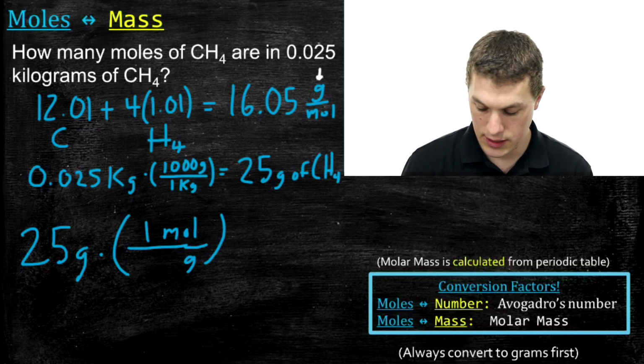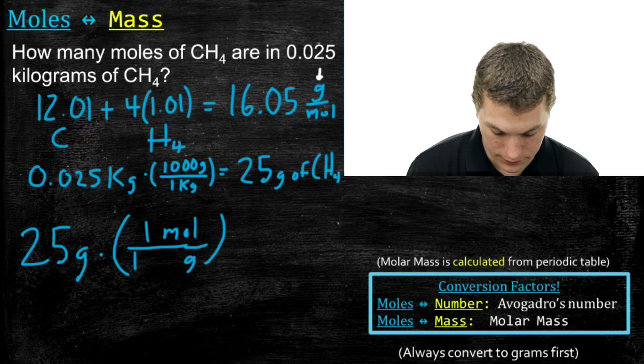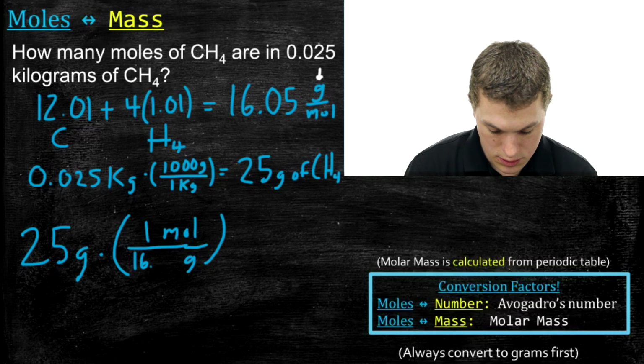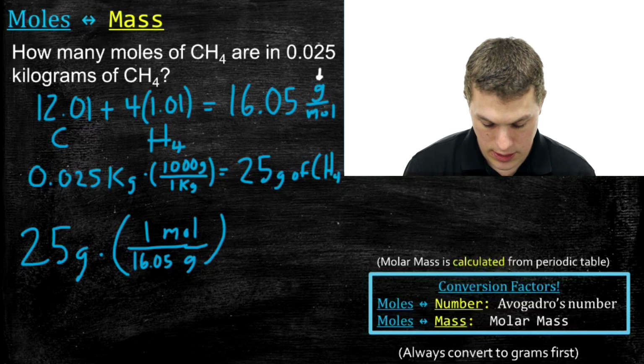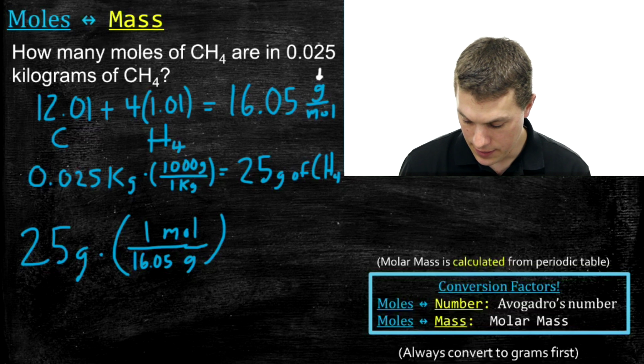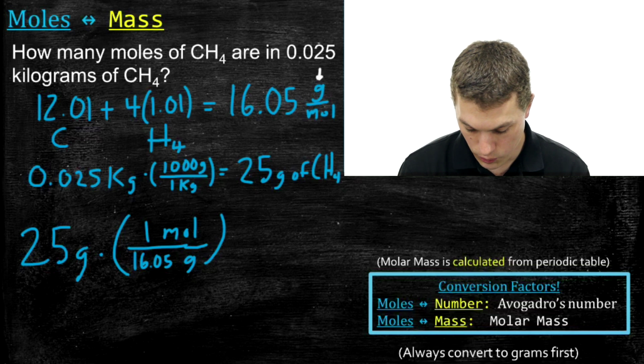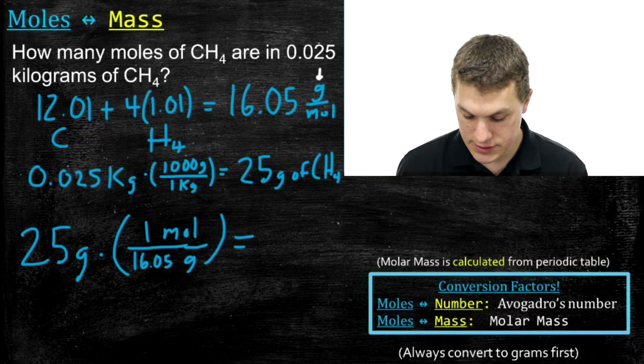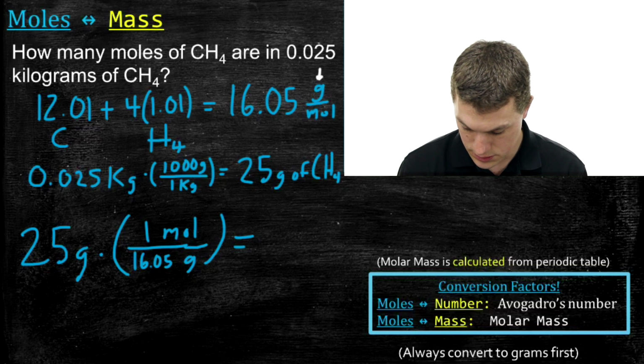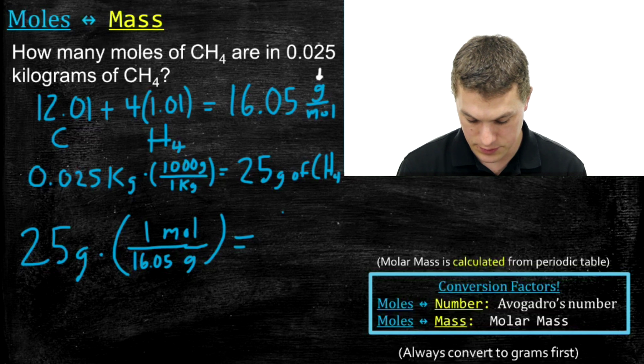And 1 mole of methane is equal to 16.05 grams. And when we multiply that through, we're going to get out that we have 1.6 moles of methane.